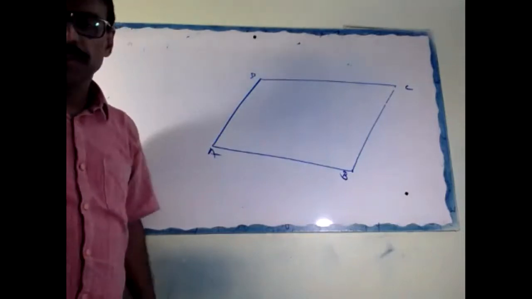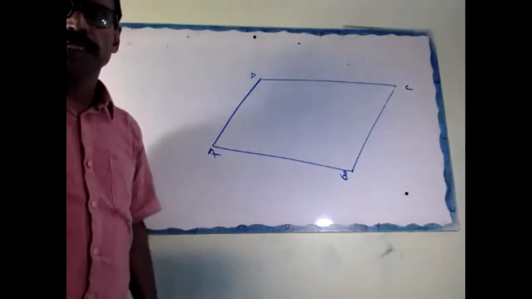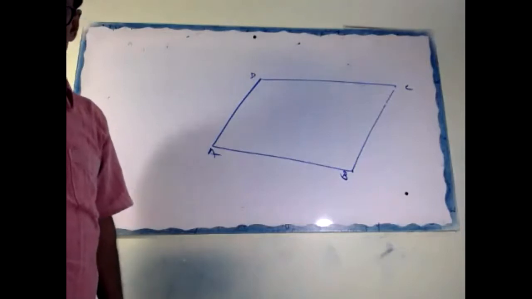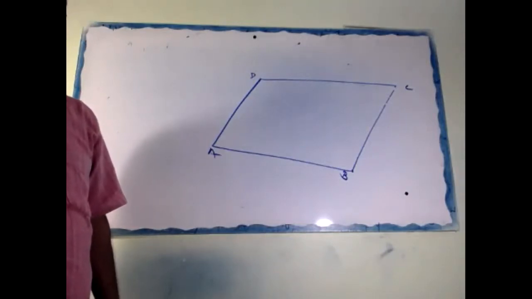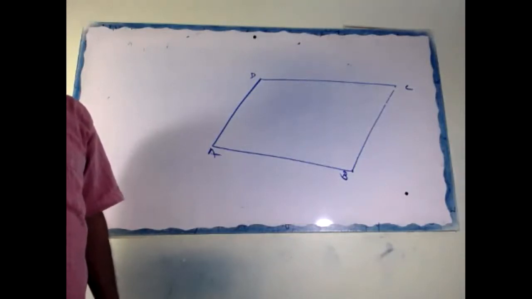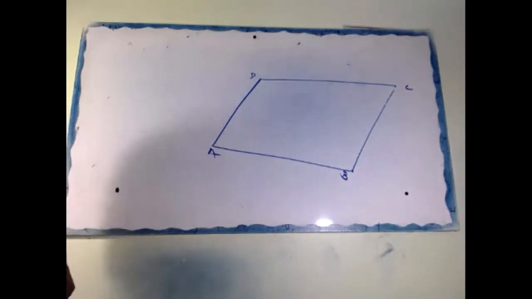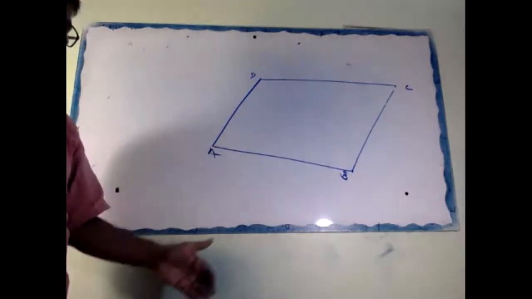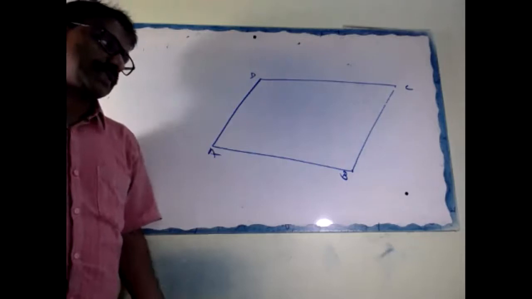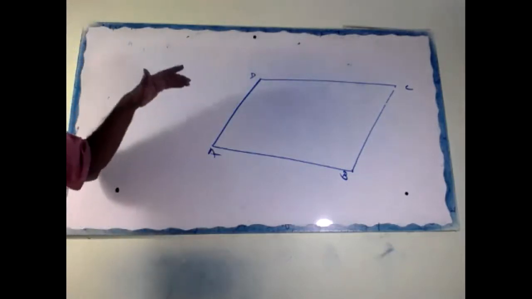So once again, don't write anything, just listen here. First one, a plane figure bounded by four sides is called a quadrilateral. Four sides there are, four vertices there are.